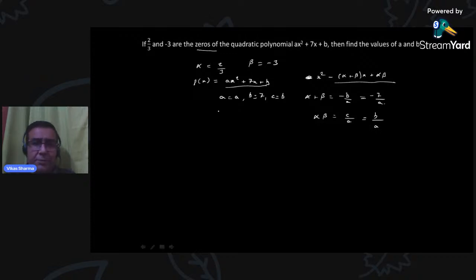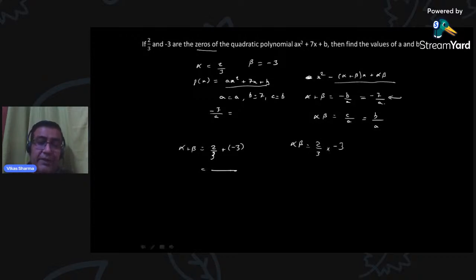Okay, let's put the first thing. Alpha plus beta is minus 7 upon a, but we know that the two roots are given to us. So we can find alpha plus beta as 2 by 3 plus minus 3 also, and similarly alpha beta we can find as 2 upon 3 multiplied by minus 3.